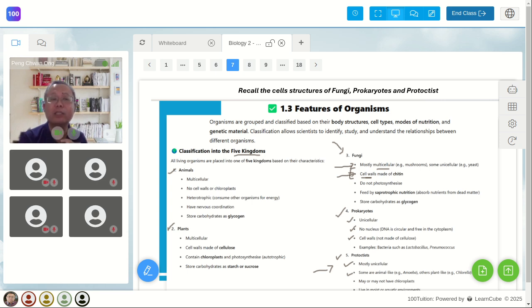Without the cell wall, your cells have a tendency to burst. And this is quite dangerous. So if animals suddenly consume a lot of water in a very short period of time, they have this danger where the cells will burst, mainly because animal cells don't contain a cell wall.